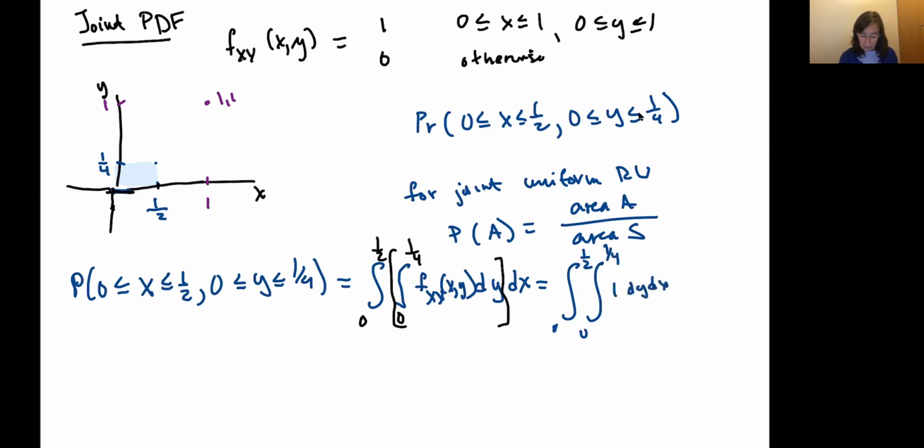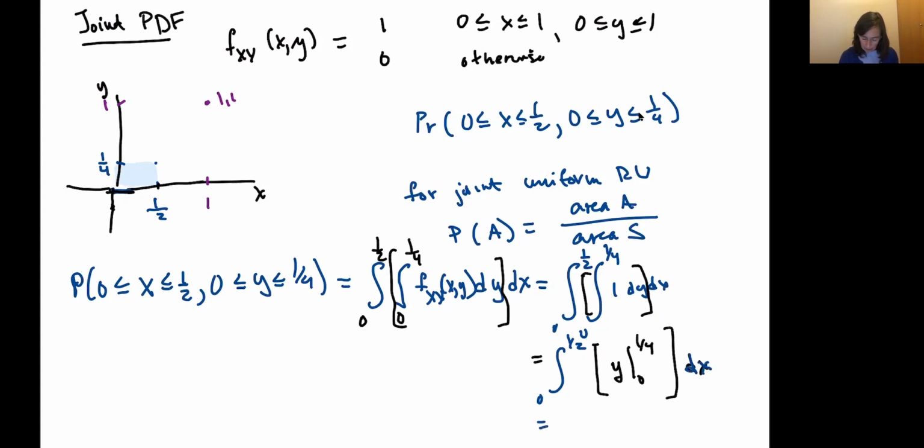I might just write it dy dx here, doing the first inside integral, keeping the outside one there. The integral of 1 with respect to y is y, so letting y go from 0 to 1/4, and then keeping the dx that we're going to do there.